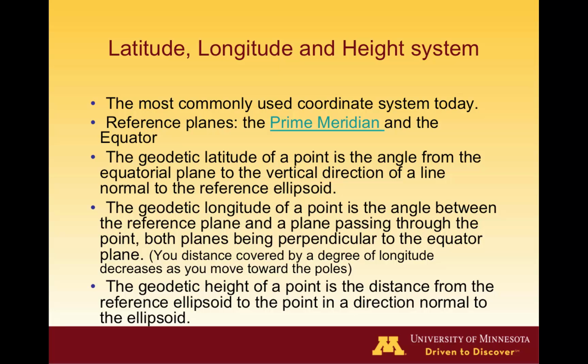The geodetic latitude of a point is the angle from the equatorial plane to the vertical direction of the line normal to the reference ellipsoid. The geodetic longitude of a point is the angle between the reference plane and the plane passing through the point, both planes being perpendicular to the equator plane.